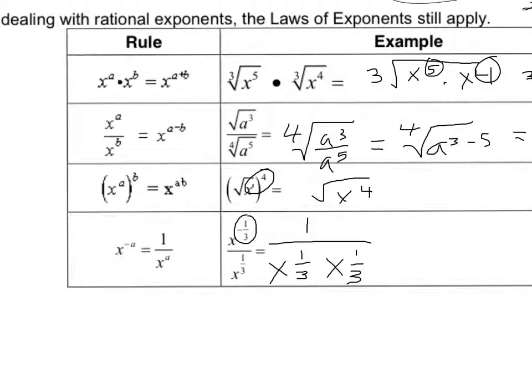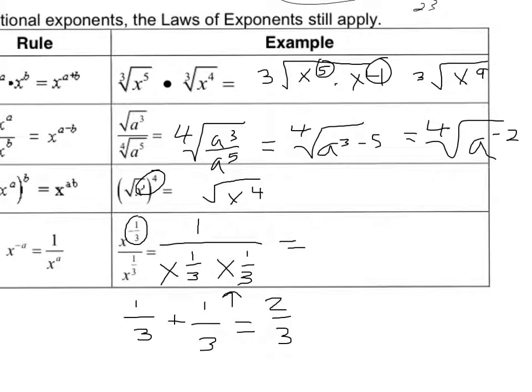And when adding fractions, you just do 1/3 plus 1/3 equals 2/3, because your denominator stays the same because you had to add those two together. So your final answer for this would be 1 over x, and your exponent would be 2 over 3.